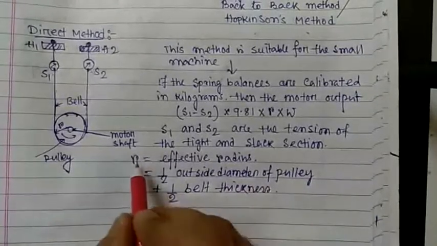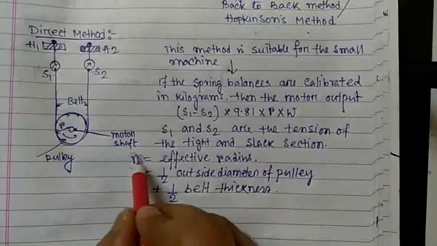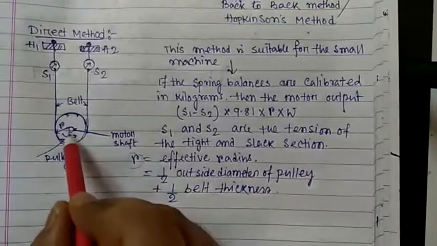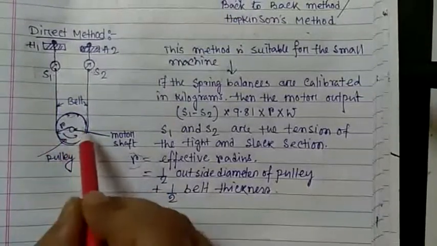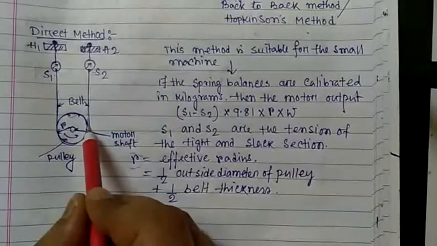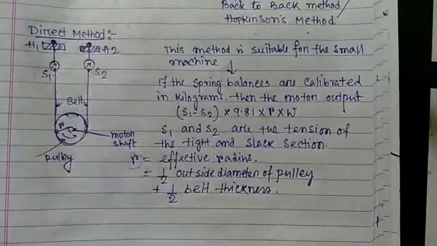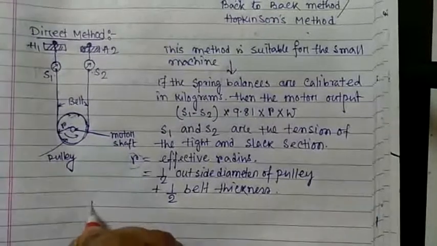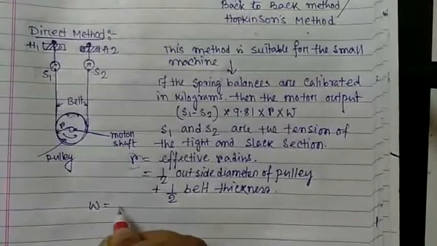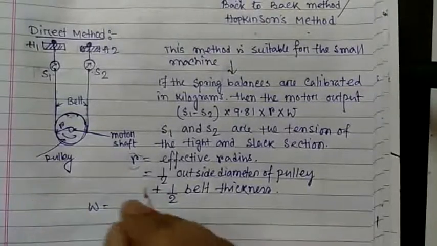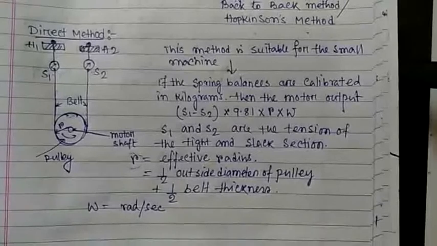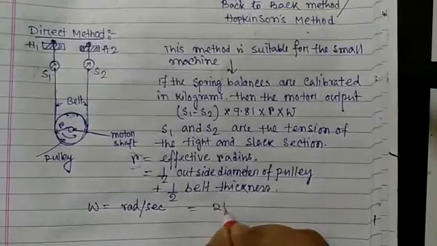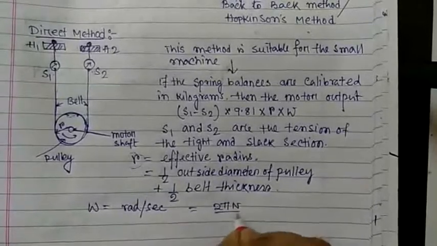Remember that the effective radius is nothing but half of the diameter of the pulley and half of the thickness of the belt. And omega is the angular velocity in rad per second, that is 2 pi N by 60.